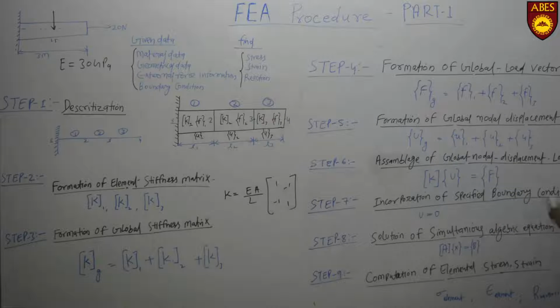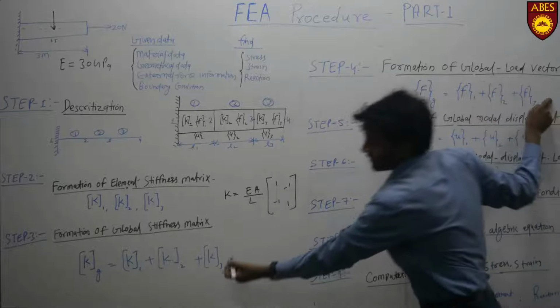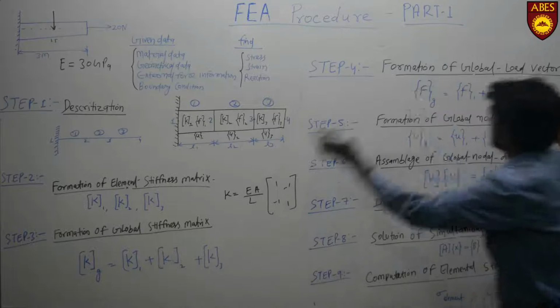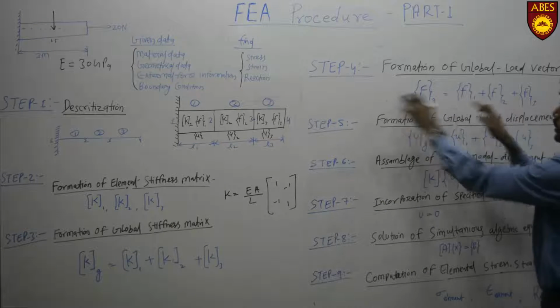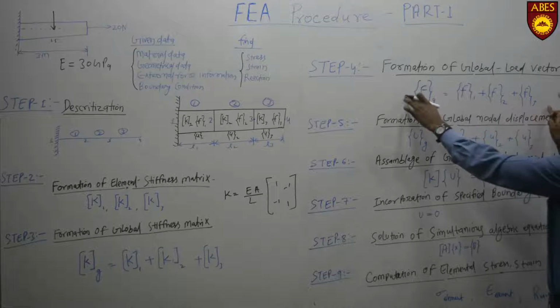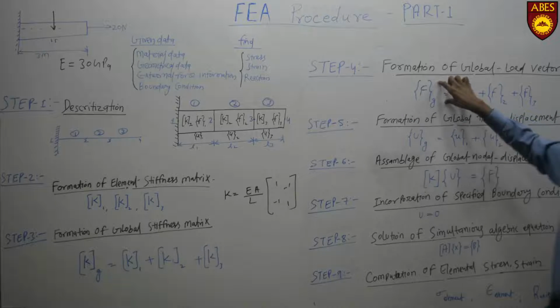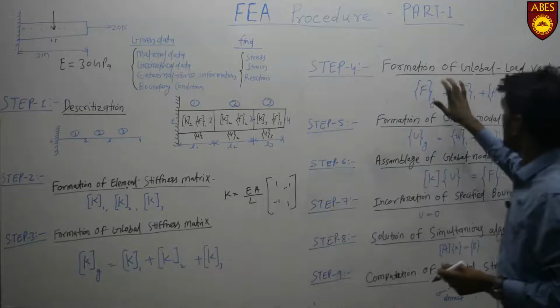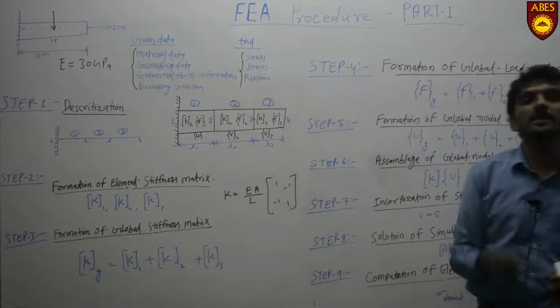So here we have found F1, F2, F3 for individual elements. Again, like the global stiffness matrix, we need to assemble the local force vectors into the global sense. So it's Fg.